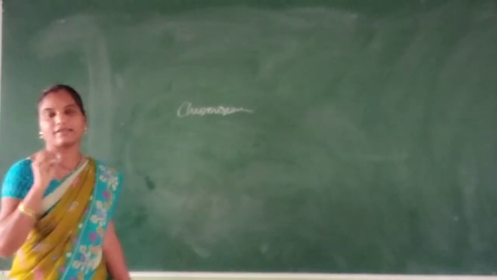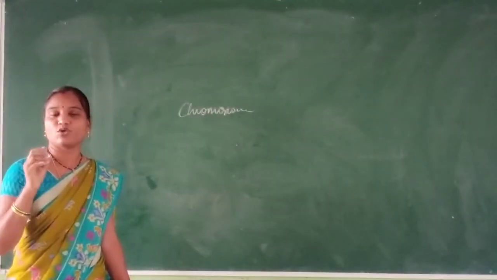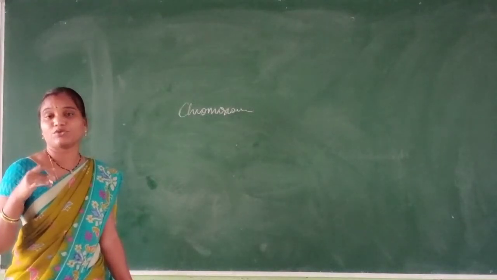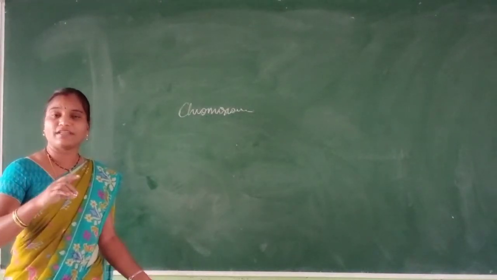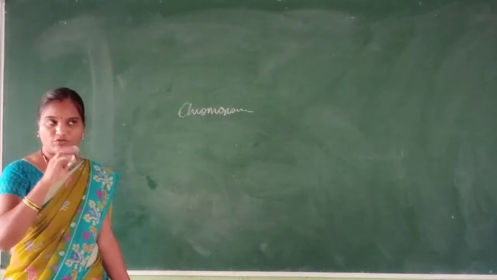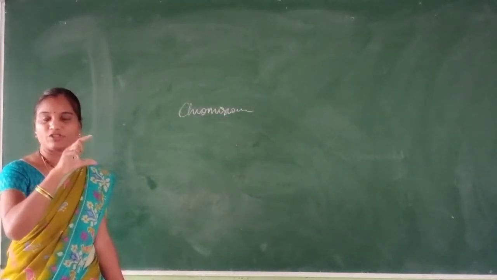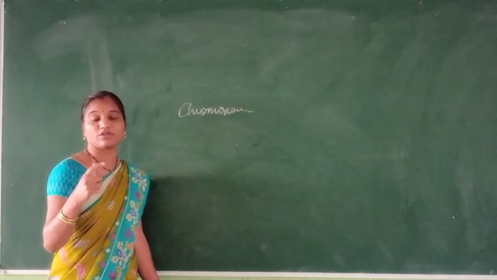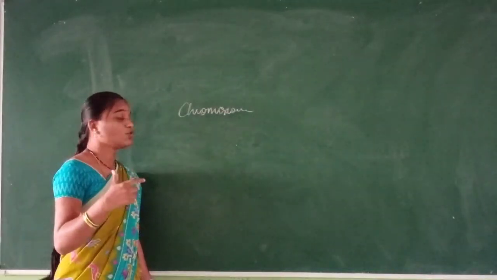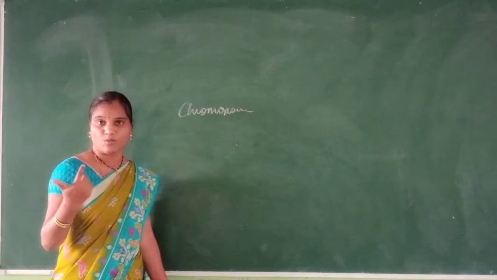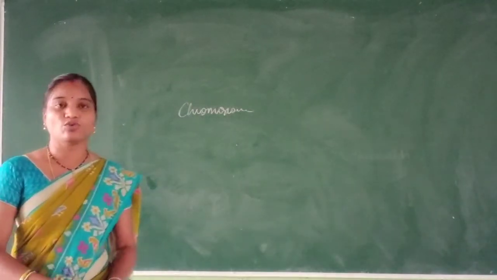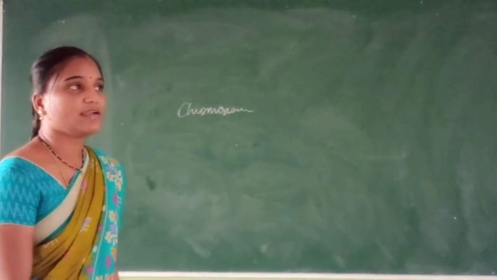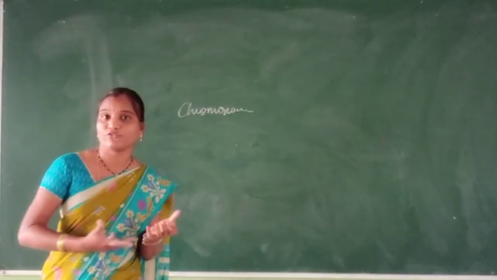Chromo means color and some means bodies, so when they are stained, they produce color. In Latin, chromo means color, soma means bodies. So these chromosomes are nothing but a more condensed form of chromatin.